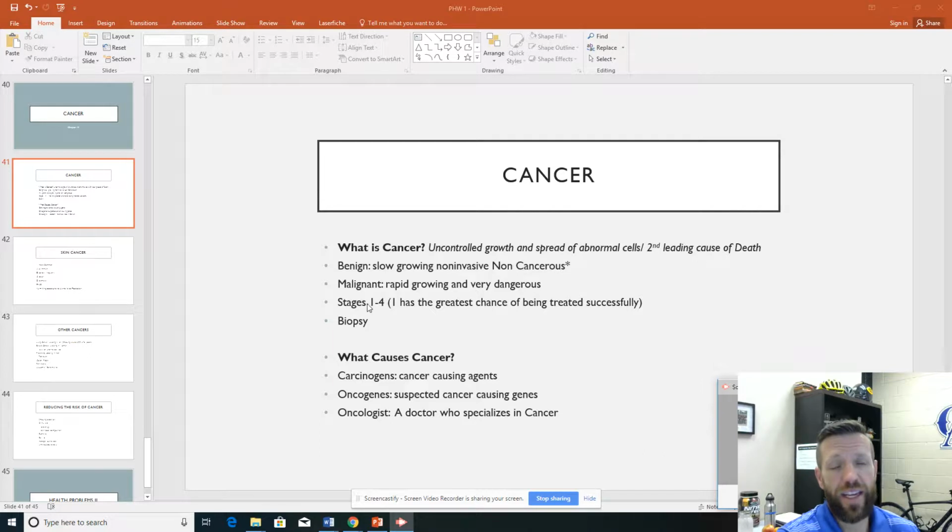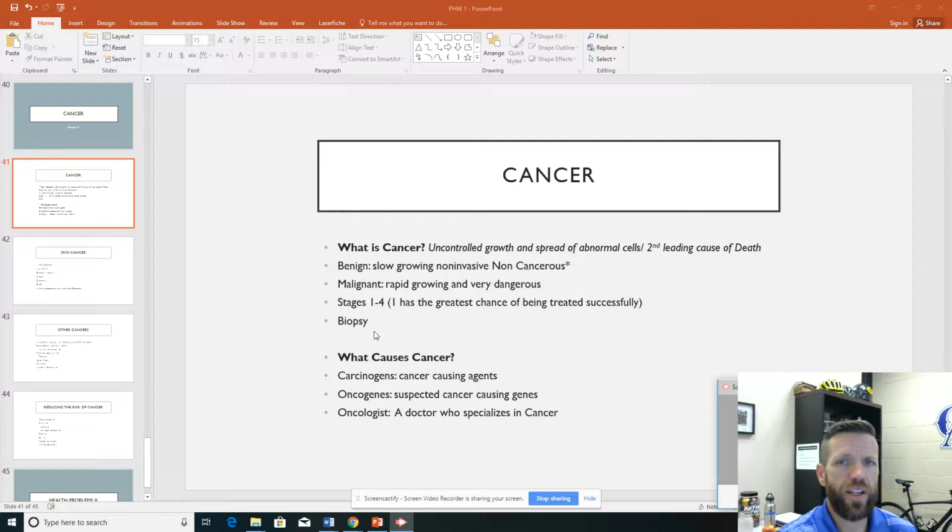And when it is, they will break that off into 4 stages. I'm only going to tell you that stage 1 has the greatest chance of being treated successfully, going up to stage 4, where it doesn't have a lot of good treatment options. So that's a very difficult diagnosis for a person to get. They make that diagnosis with something called a biopsy, which is typically a surgical procedure, but it doesn't always mean that you go to surgery.